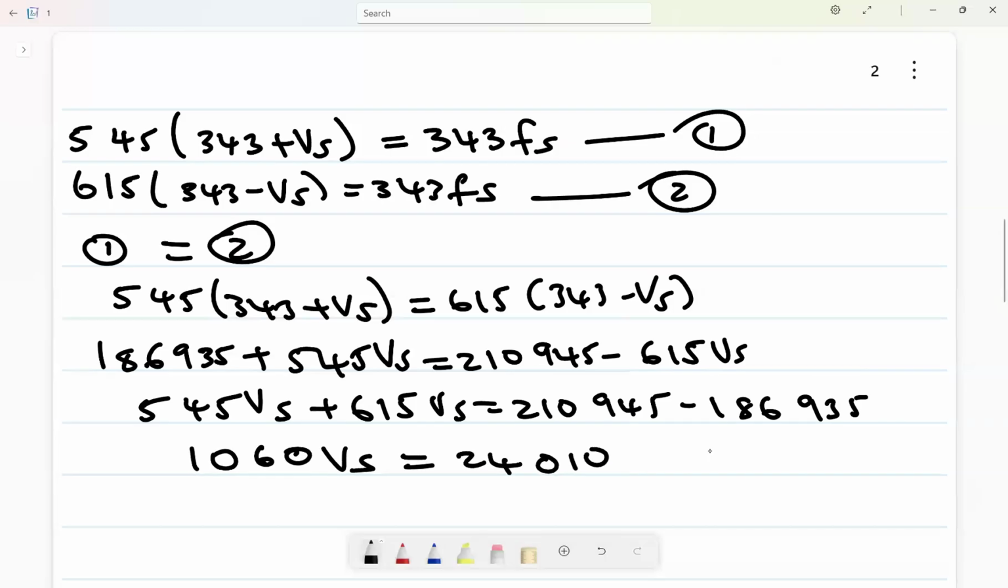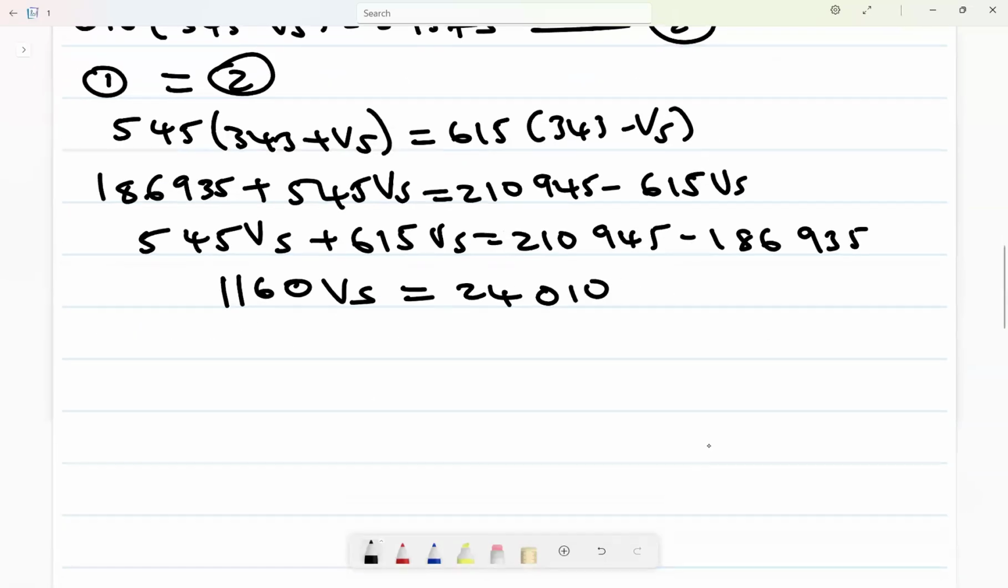Let me quickly do that. 5, 4, 5 plus 6, 15. Yeah, I'm lying, it is 1,160. Then now Vs is going to be equal to how much?